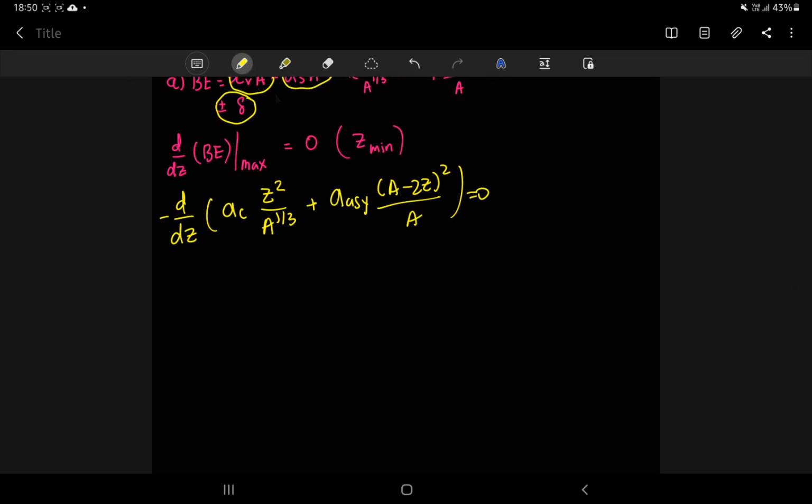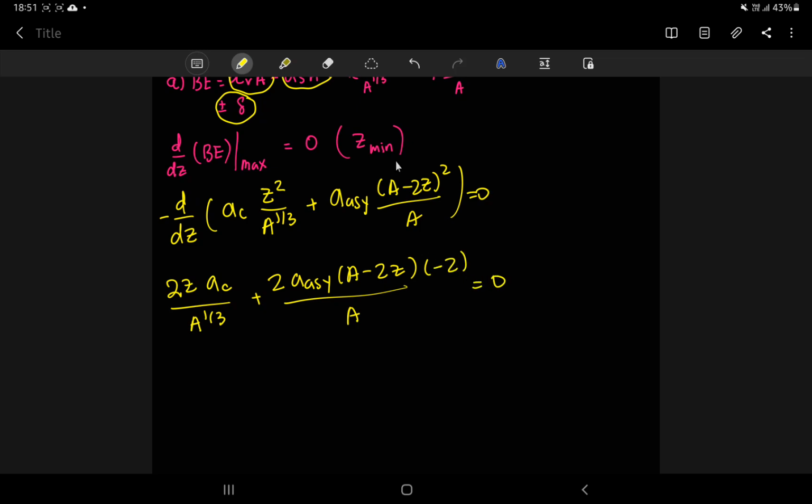Let's take the derivative with respect to Z. So minus 2Z times A_C over A to the power of 1/3, plus 2 times A_asym times (A minus 2Z) over A times the derivative of the inner function, which is -2, equals 0.